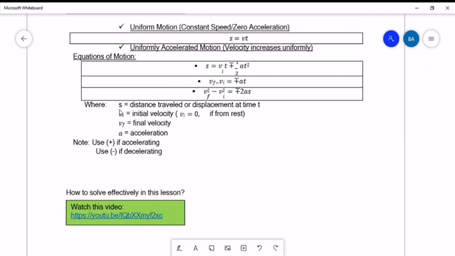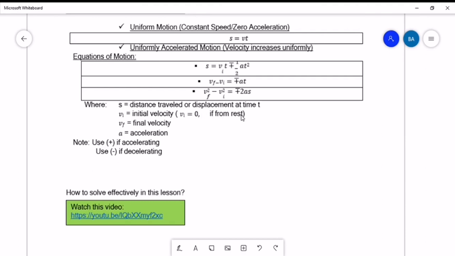So here, S is again not speed. I designate S as our displacement, or the distance traveled, or the displacement at time t. V sub i is the initial velocity. Take note that the initial velocity automatically becomes zero if it came from rest.